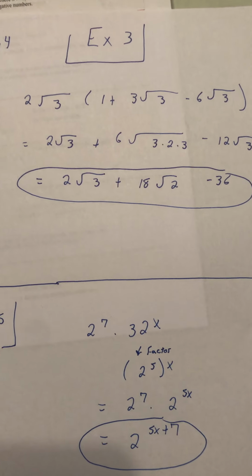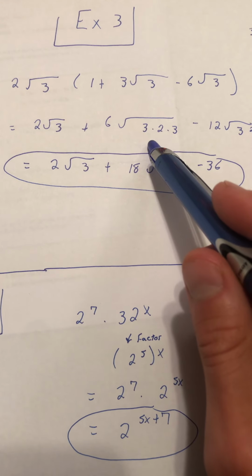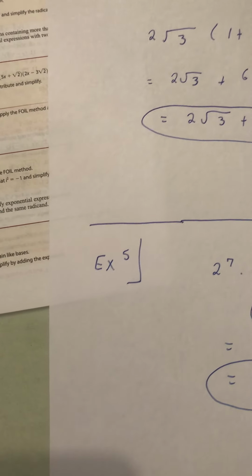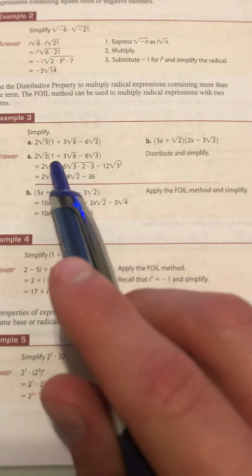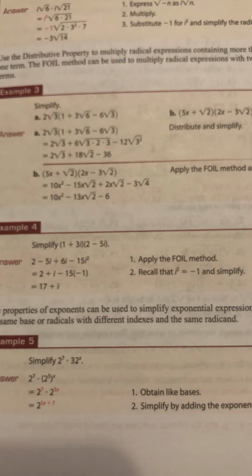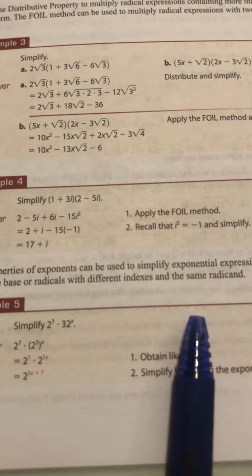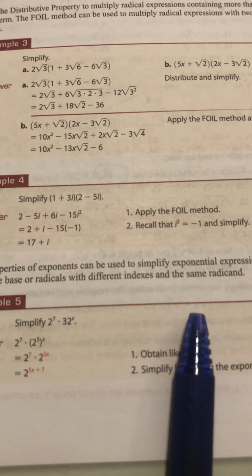I think we were given, let's see if there's anything that we could add together at the beginning. Okay, we'll look at theirs and I'll bring mine in. All right, so we had 2 times the square root of 3 times 1 plus 3 times the square root of 6 minus 6 times the square root of 3.